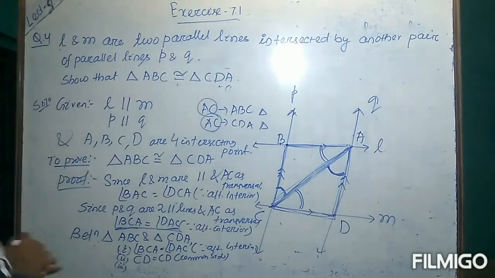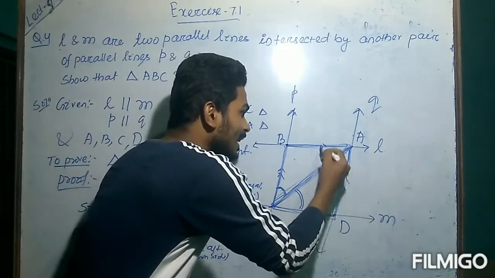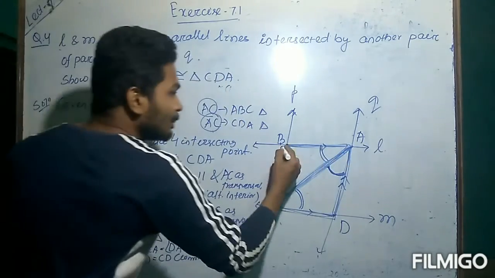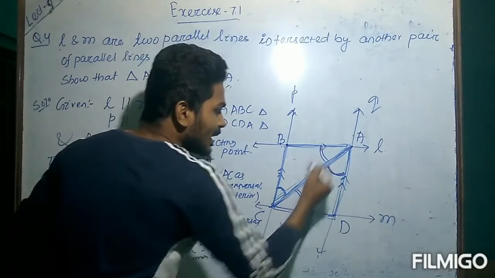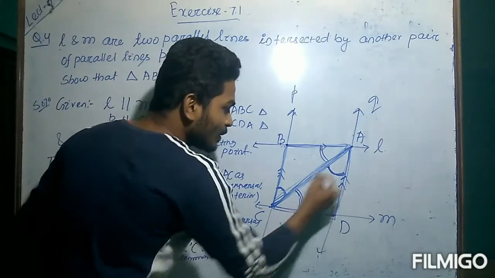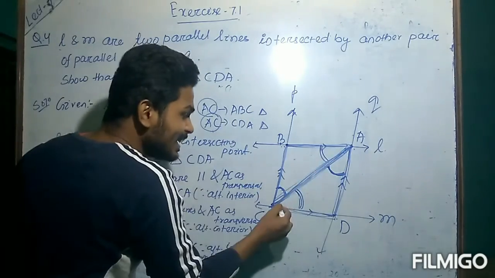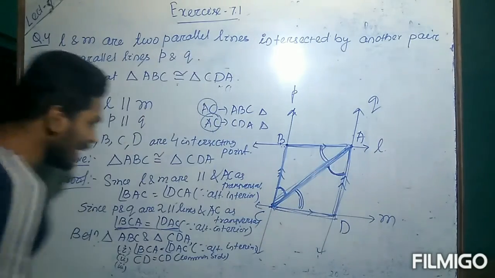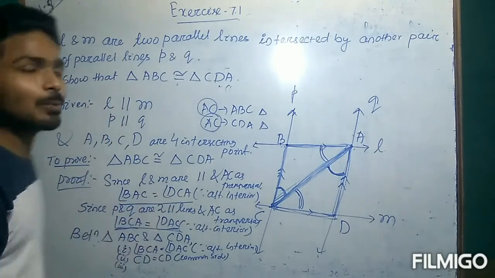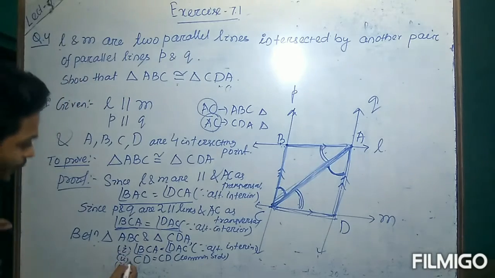Next. Now, in triangle ABC, this angle BAC is equal to, in the other triangle, this angle DCA. Why? Because we have already proved BAC is equal to DCA, since they are alternate interior.